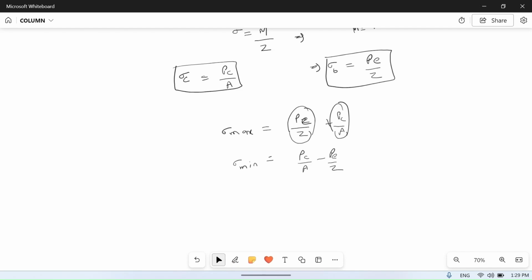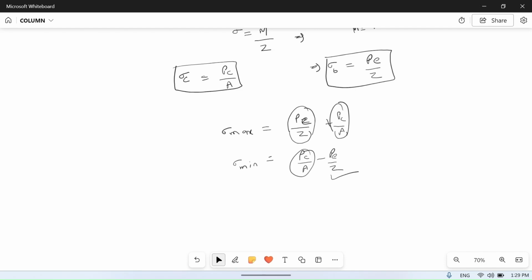Which one is more important will depend on the length of the column. If the column is not very short, then the major stress will be due to buckling. But if the column is very small, then the direct stress will become significant too.